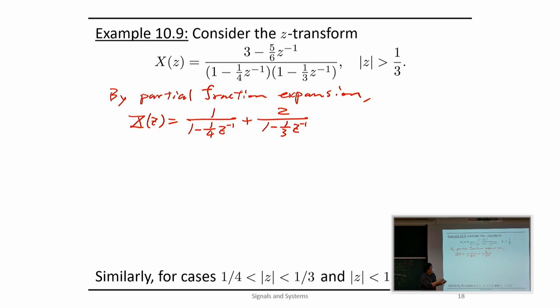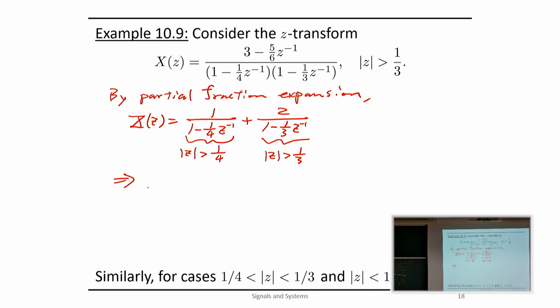Since the overall transform has a region of convergence that is the exterior of a circle, the ROC for both terms must also be exteriors of a circle. So this one has ROC |z| greater than 1 over 4, and this one has |z| greater than 1 over 3.